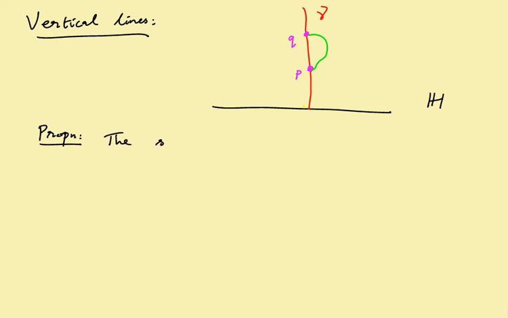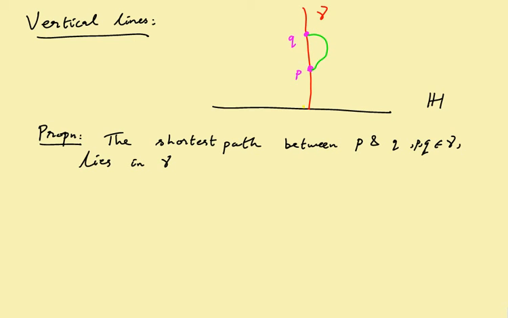The shortest path between P and Q, so PQ and gamma, lies in gamma. And the proof is actually very simple.